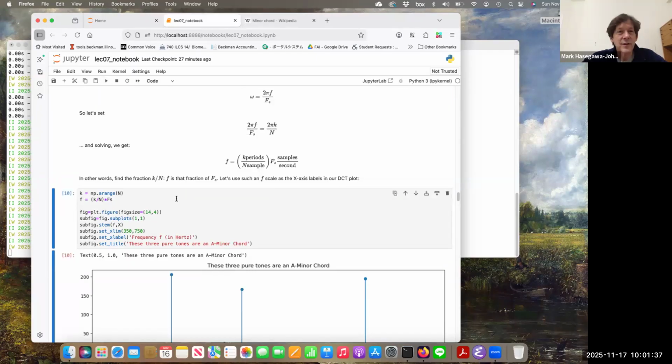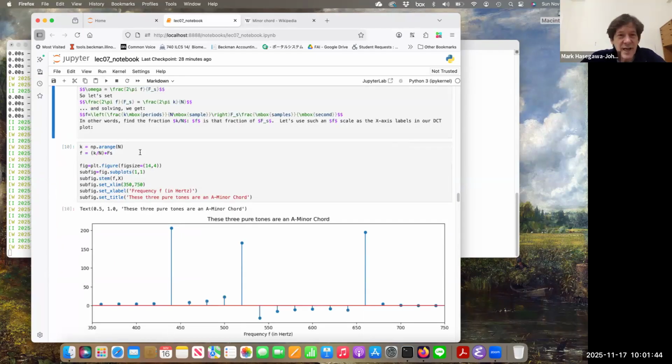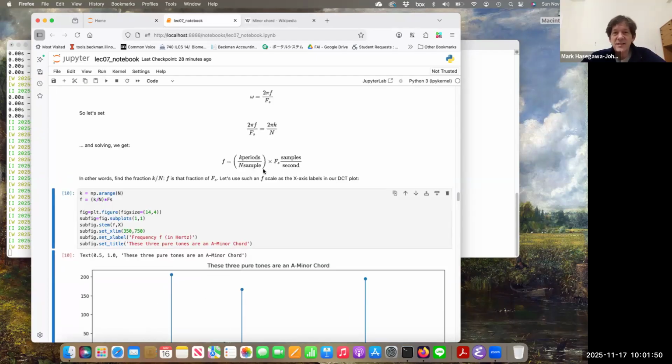Let's see if that works. There we go. K periods per n samples multiplied by f sub s. Let's put a little times marker there. K periods per n samples multiplied by f sub s samples per second gives us f measured in periods per second, right? Cycles per second. So f is measured in hertz, which is periods per second, because the samples here cancel out.